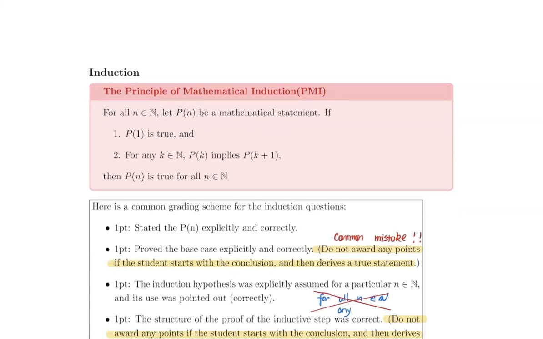This is saying for all n in natural numbers, so our n here is a natural number. So this means P1, P2, P3, P4, till whatever, because it goes to infinity. All of those P's are mathematical statements. Does that make sense?